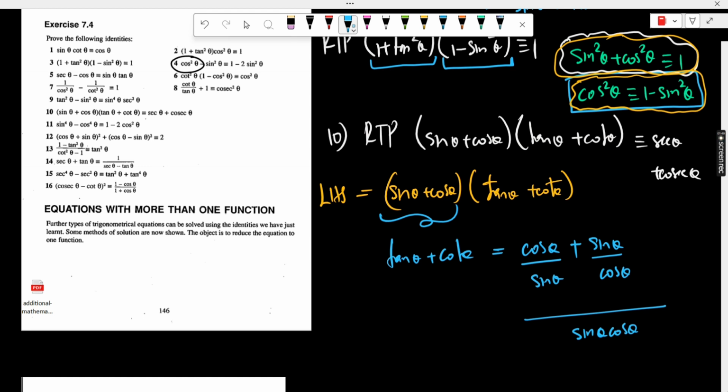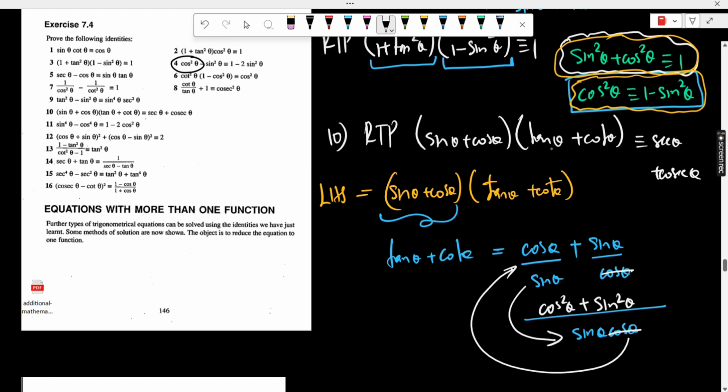That leaves cos theta, and cos theta times cos theta gives me cos squared theta. Similarly, cos theta into this fraction: the cos thetas cancel, leaving sine theta, and sine theta times sine theta is sine squared theta.